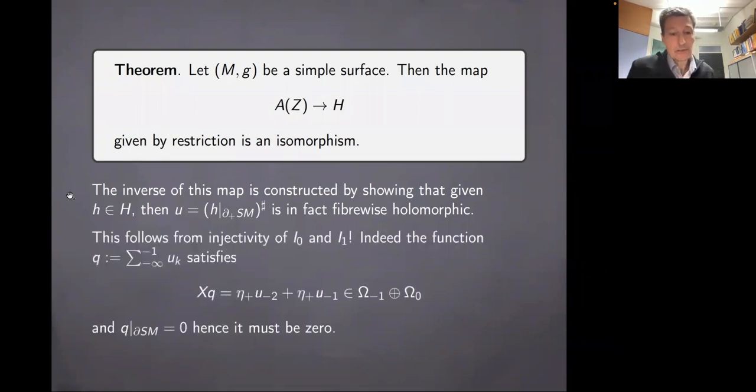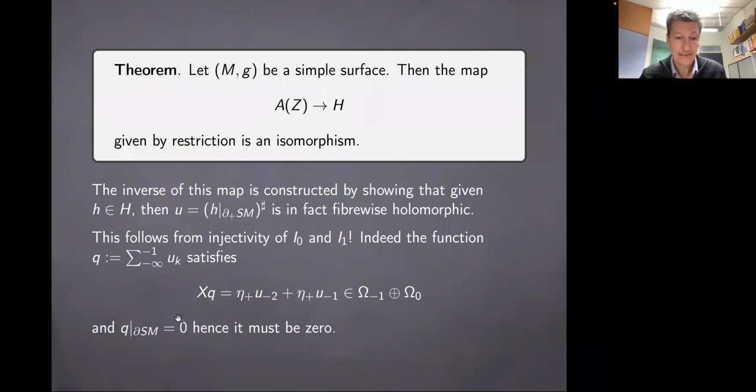Well, because if you just simply take its negative Fourier content and you just apply X, you will get something that lives in the space Omega_{-1} plus Omega_{-0}, just purely out of the mapping properties of eta plus and eta minus. And since you began at the boundary with something fiber-wise holomorphic, it means that once you go to the boundary, this negative part on the boundary is actually equal to 0.